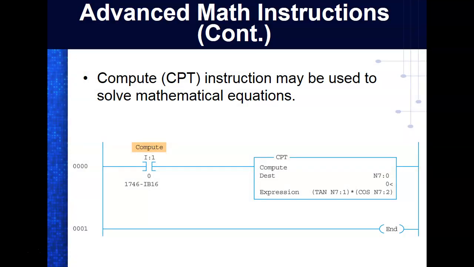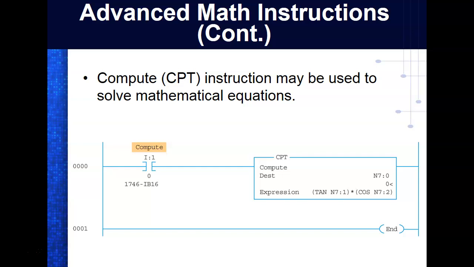This is probably one of the most powerful instructions we have available to us. It's called compute. And RSLogix 5000 supports one of these. Siemens S7 supports one of these instructions. What we do with this is we stick the math equation in the actual box. So here's the actual equation, the expression.